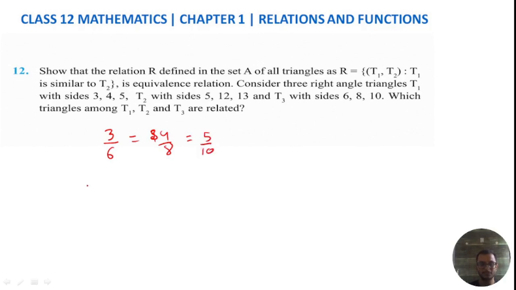Which shows that by the side-side-side ratio similarity, we can say T1 is similar to T3. This was easy, right? So we can say that T1 and T3 are related. So we are done with this question, right? Let's move to the next question.